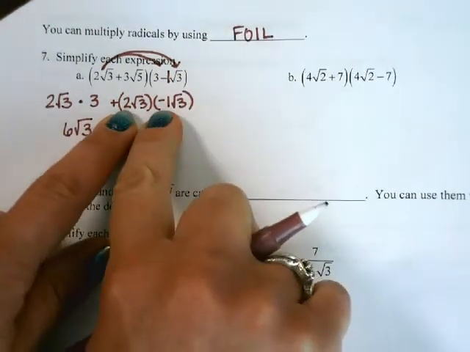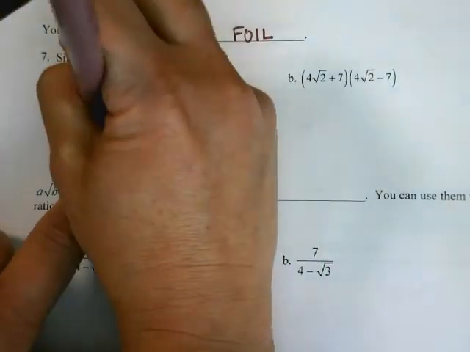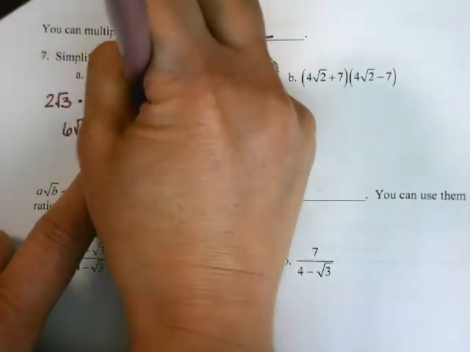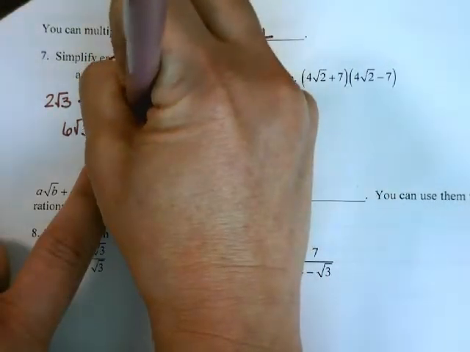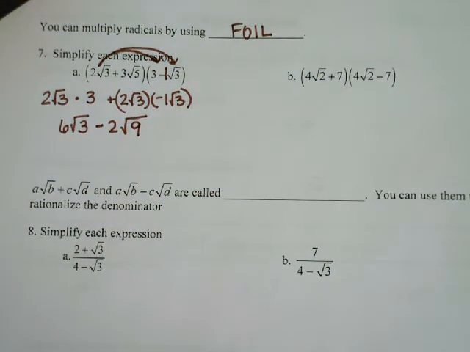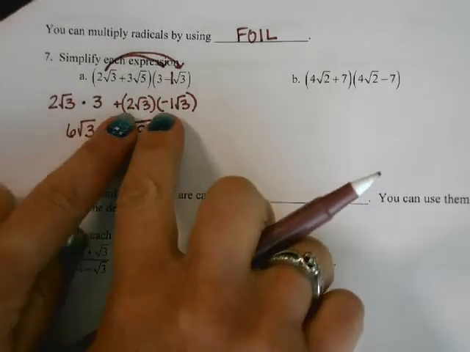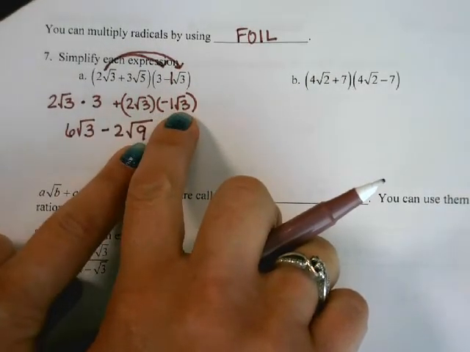Alright, these two are outside radicals, so 2 times a negative 1 is negative 2. Square roots of 3 times 3 is 9. The 2 times the negative 1 gives me the negative 2, and 3 times 3 gives me the 9.